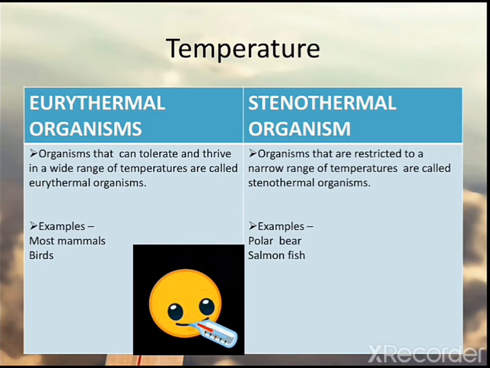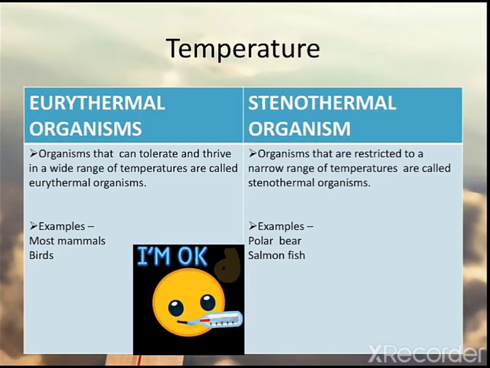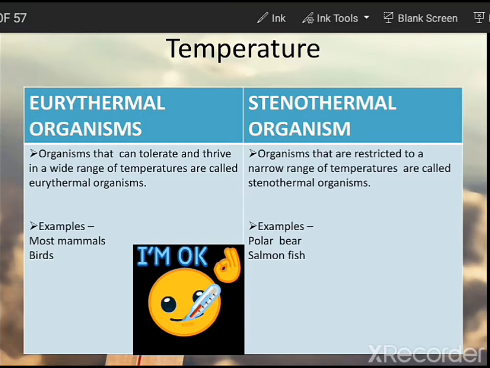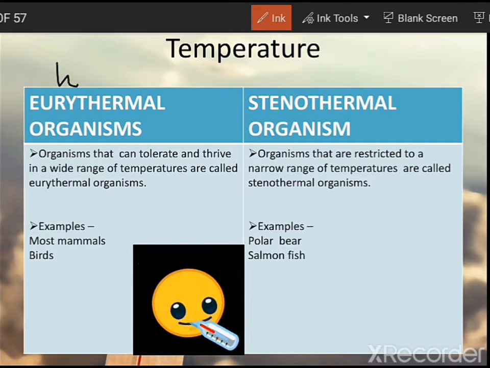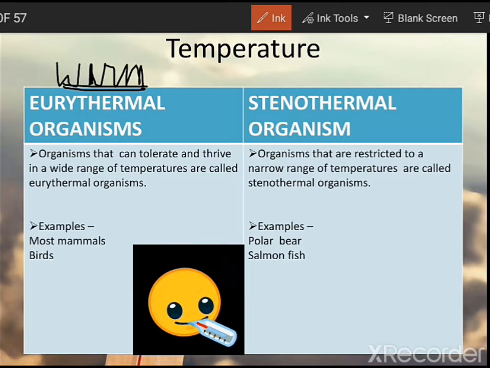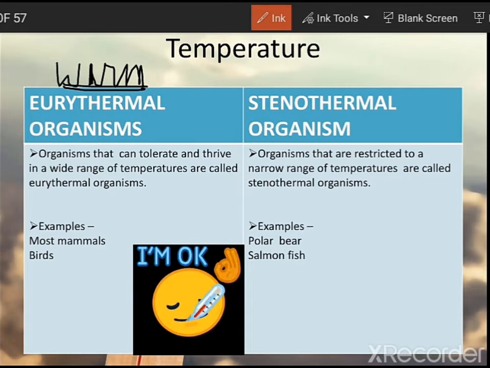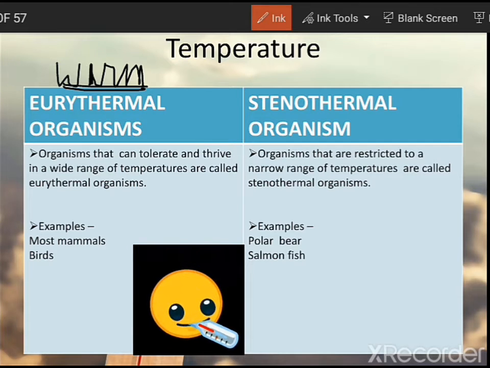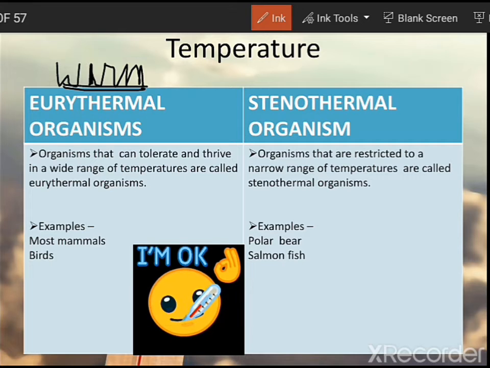So euthermal organisms are mostly warm-blooded, because warm-blooded organisms show homeostasis, and because of homeostasis they can regulate temperature. This ability is responsible for their euthermal nature. That means they can tolerate a range of temperature. Examples of euthermal organisms include mammals and birds.